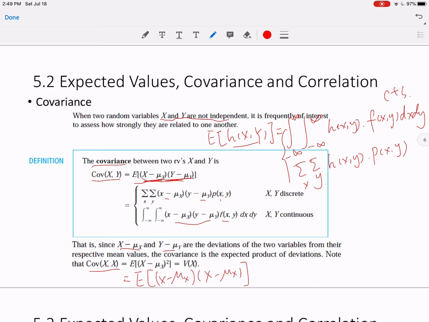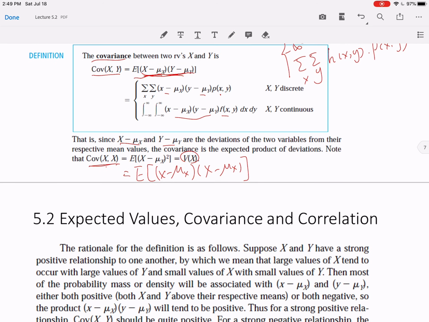We do this two times because we have two X's in the covariance. So this is equal to E of (X minus mu sub X) squared, which based on the definition of variance is equal to the variance of X. In other words, the covariance of a variable with itself is equal to the variance of that variable.